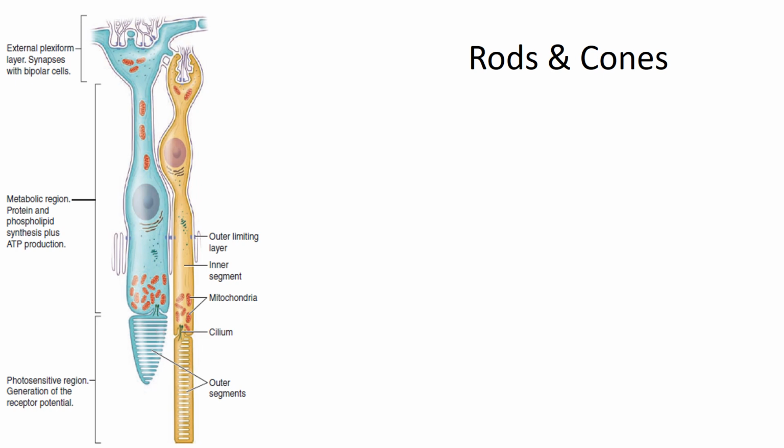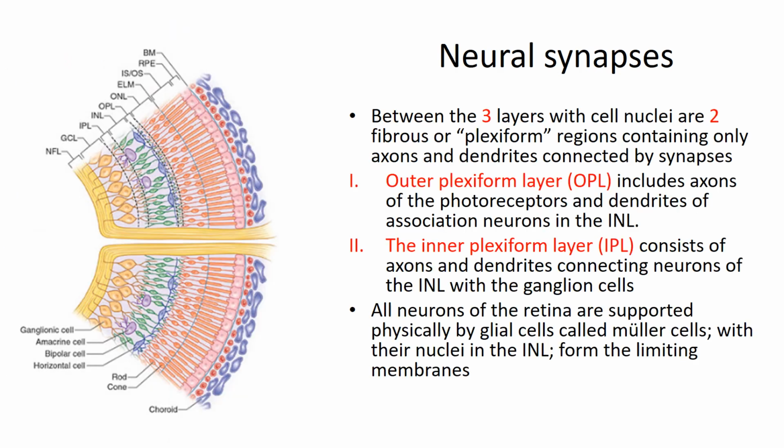But unlike other neural synapses, between these three layers of cell bodies, the nuclei, there are two fibrous layers.